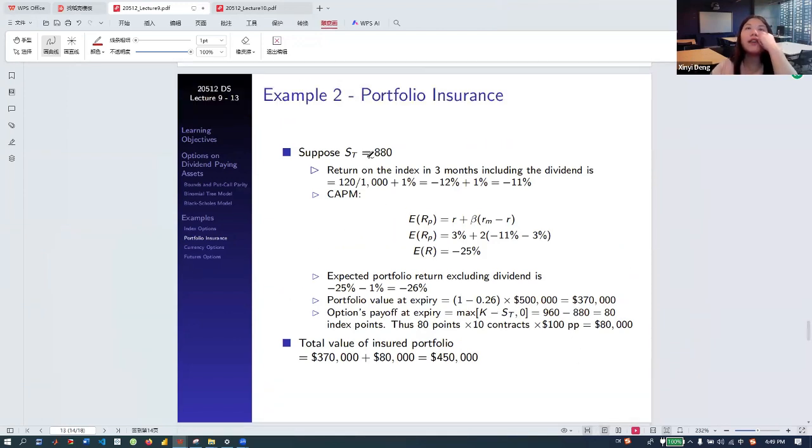Even if the index level drops further, to 700 or 500, based on our design of the strategy, you're still able to lock in the value to be 450,000.